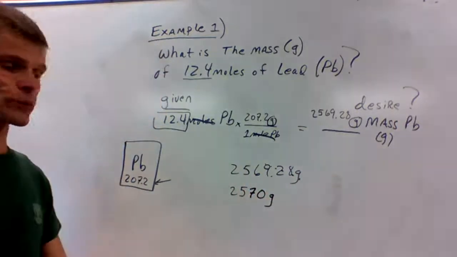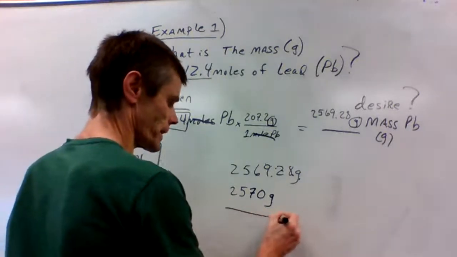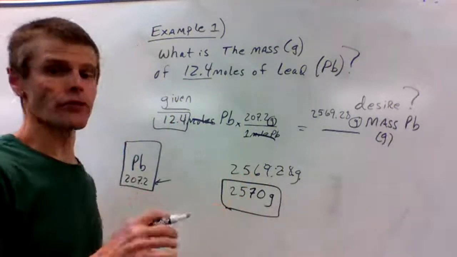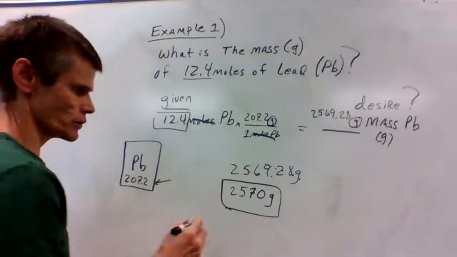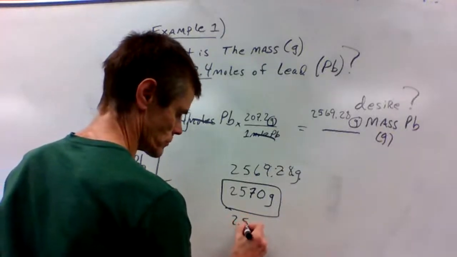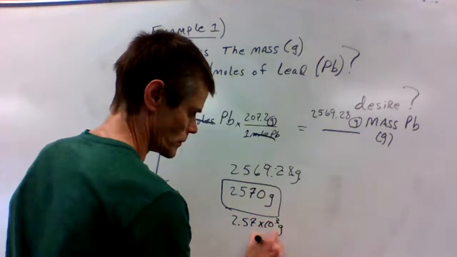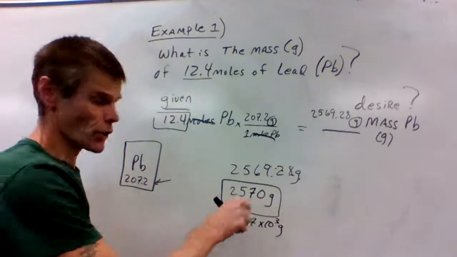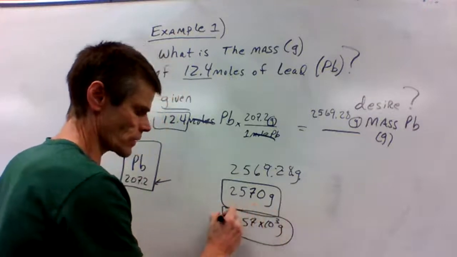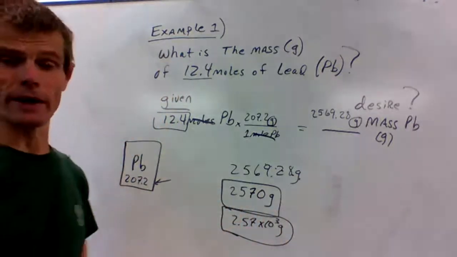And that's one way to report it. This would be an appropriate answer. We could also write this in scientific notation. Notice I dropped the 0 because it's not significant. That's also a correct way to write our answer.